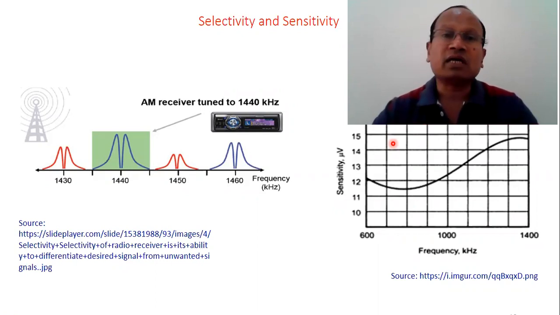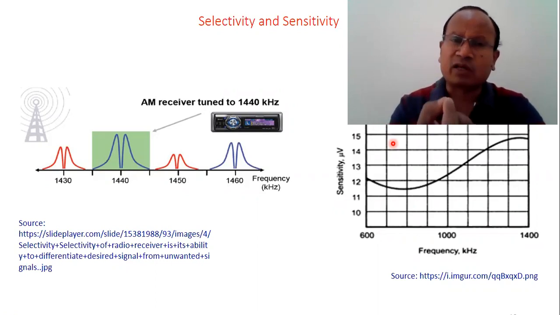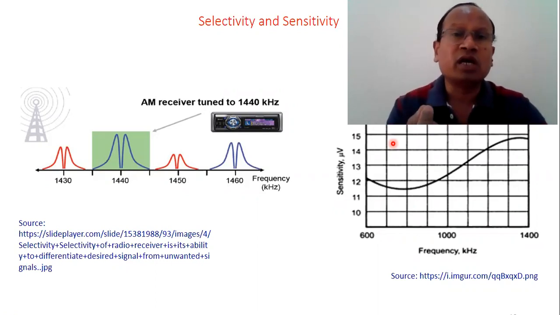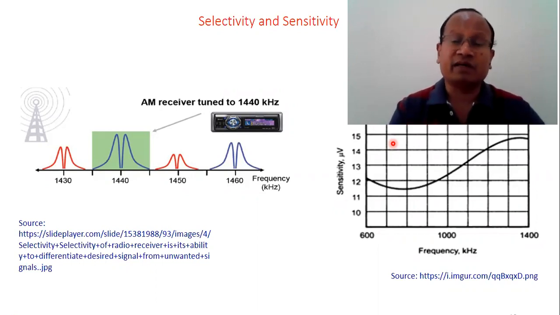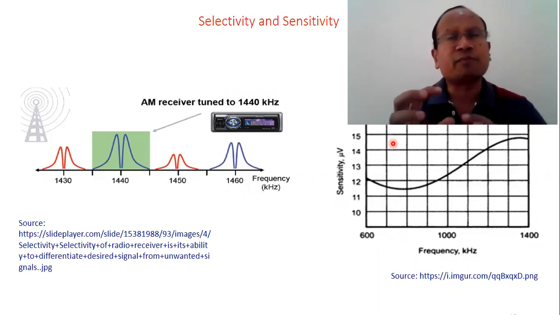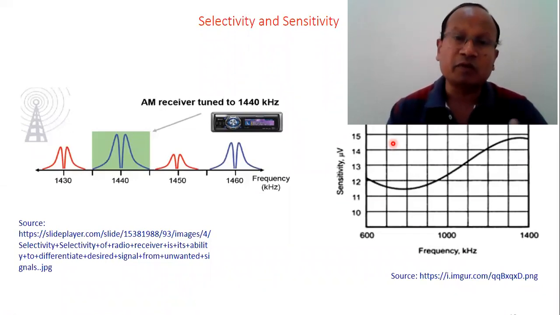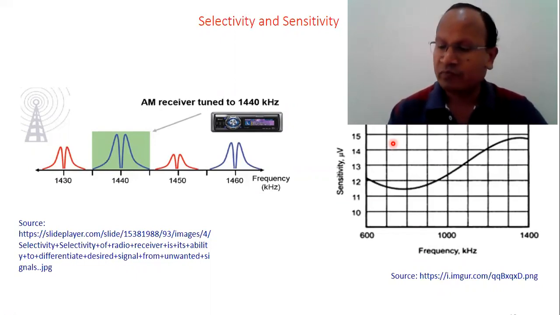That is, with respect to frequency, what is the lowest signal, maybe in microvolt or millivolt, that can be detected, and after detecting it, can also be amplified. So sensitivity is generally expressed in microvolt or millivolt per kilohertz, because the weak signals are more important to be highlighted, detected, and amplified.